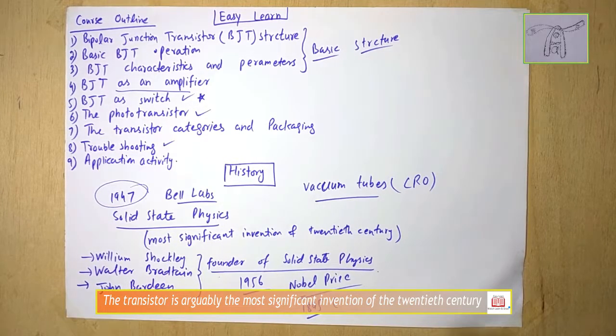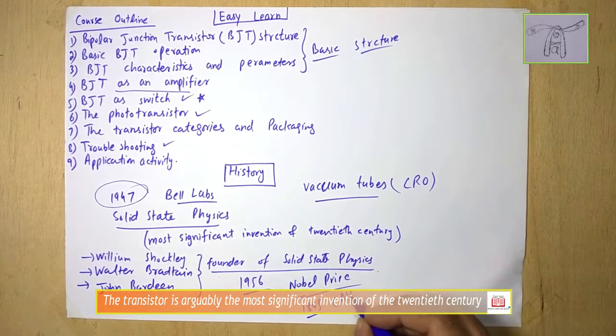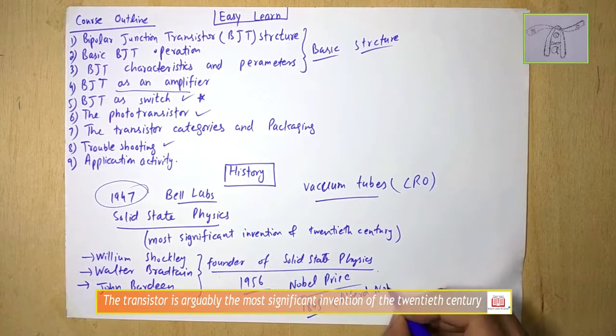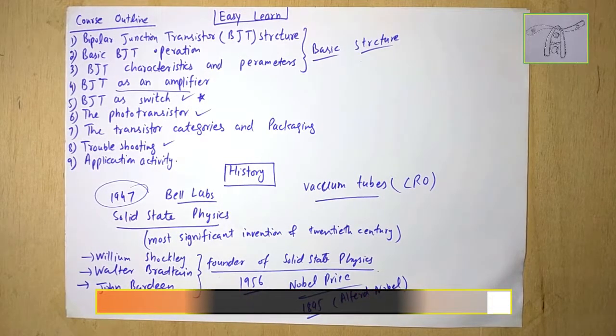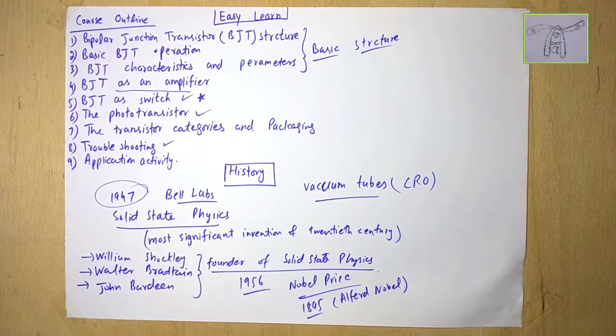That picture is of Alfred Nobel. The prize is named after the scientist Alfred Nobel and started in 1895.